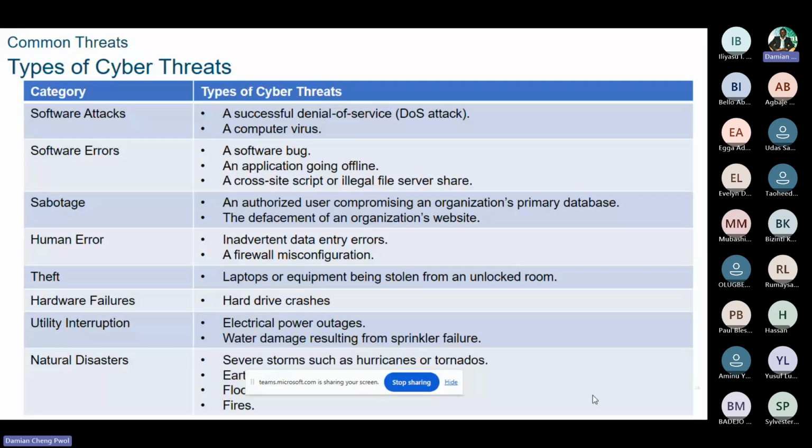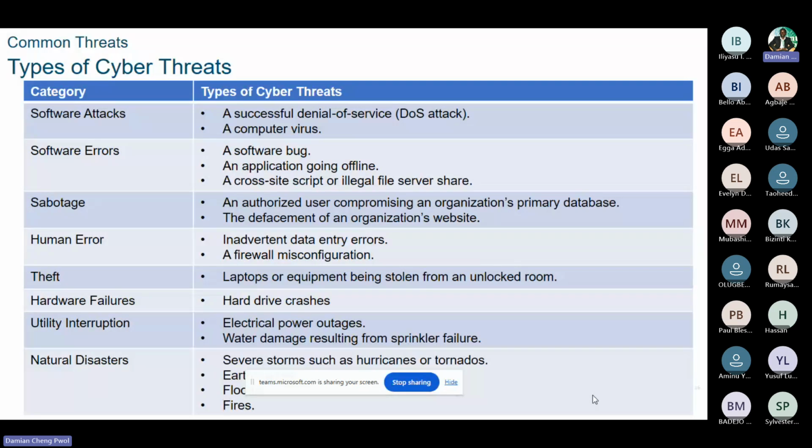That could be an example of denial of service. The software that intends to fetch information from the server is being denied. A computer virus is a good example of another software attack, which is common with so many of us.